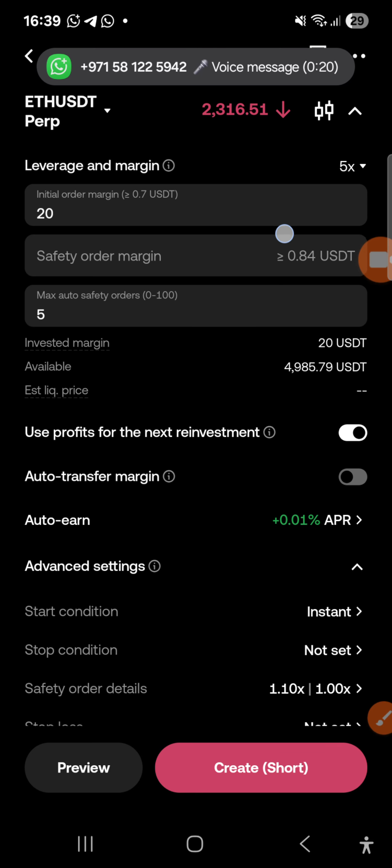Auto transfer margin. Okay, now auto earn, whichever you have set inside this bot. When do you want it to be done for you?